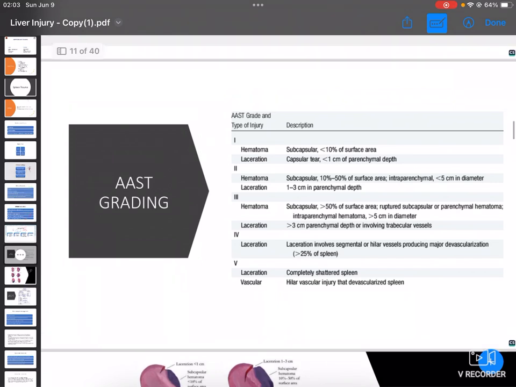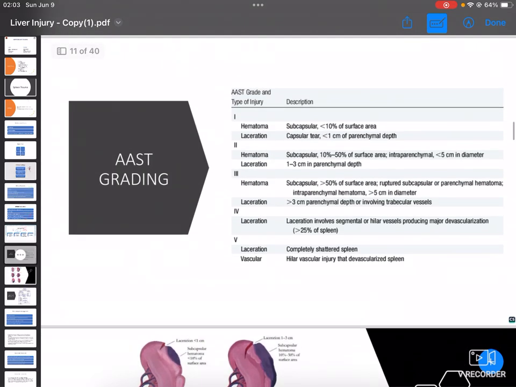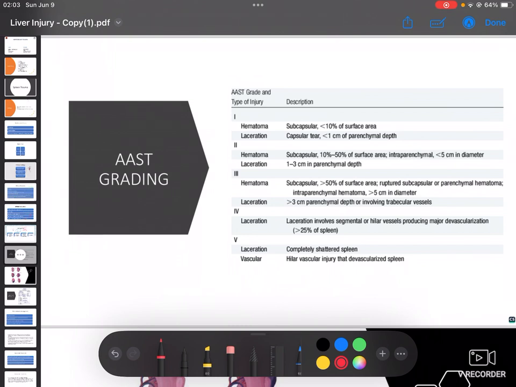The AAST grading. We have to know about the AAST. What is the meaning of AAST? It is very important that we know the meaning of AAST.